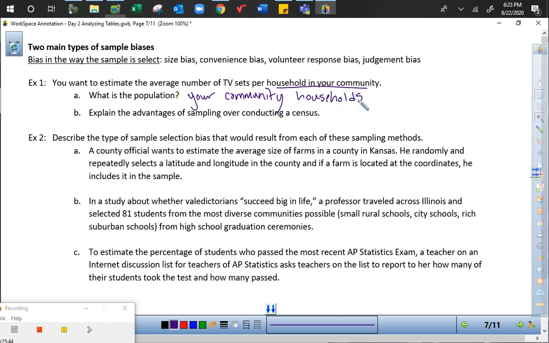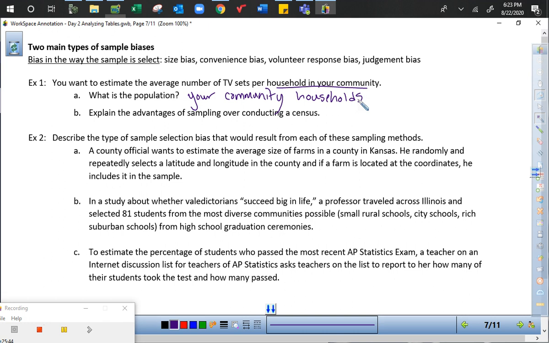You do want to be specific on that in terms of saying it's households, only because we don't want to think about TVs that may be in a business. Specifically, we're talking about households in your community.